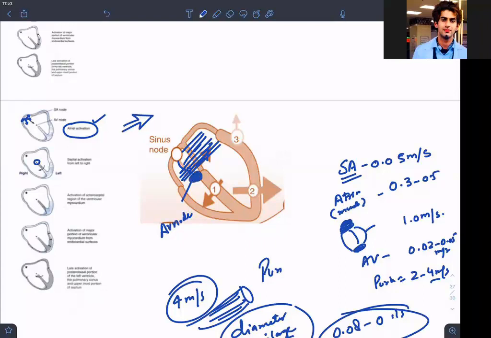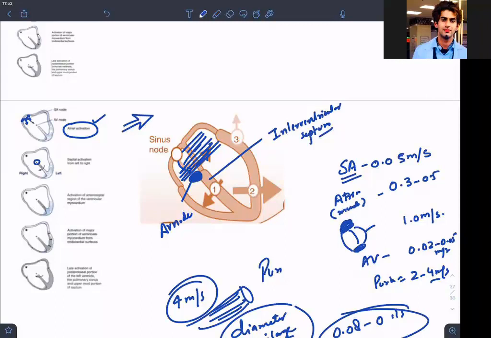The pattern is that, remember, when the depolarization wave reaches this, what is this septum? Interventricular septum. When this depolarization current reaches the interventricular septum, you will see the current starts at the left side of the interventricular septum.